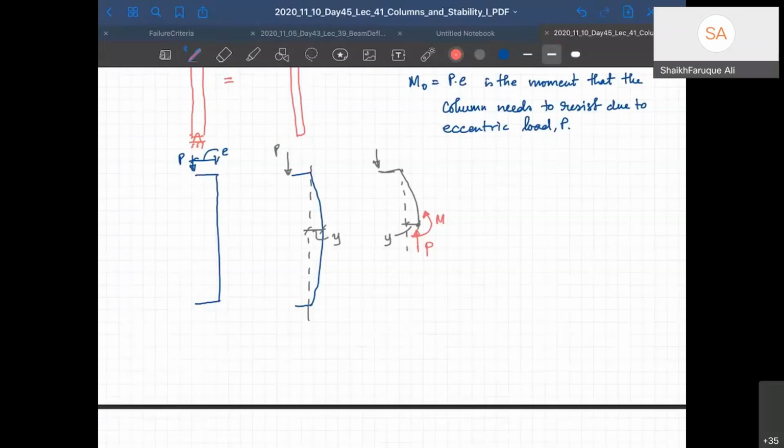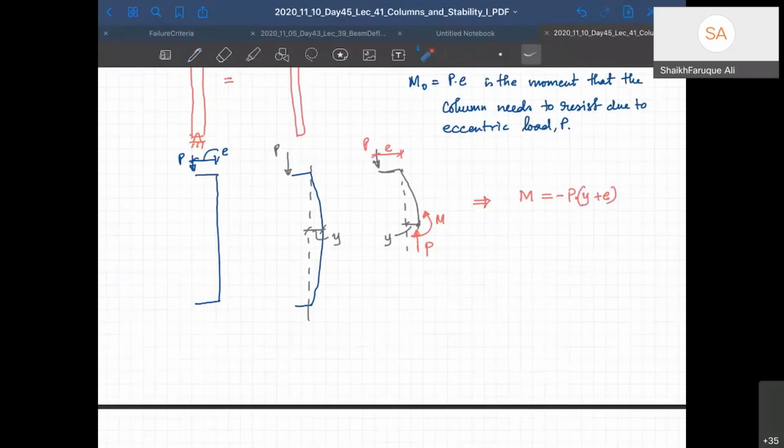And there is a P force here, which is at a distance of E. So I can write this expression in equation as M is equal to P into Y plus E. Is that okay?